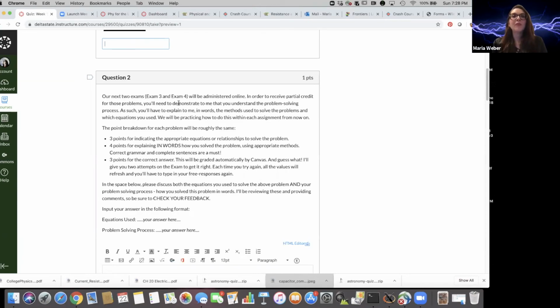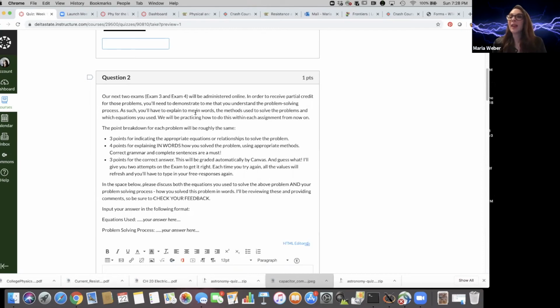In order to receive partial credit for these problems, you need to demonstrate to me that you understand the problem-solving process, because I'm not going to be able to see your work written down on a piece of paper anymore. But I still want to give you partial credit. So, as such, you'll need to explain to me in words the methods used to solve the problems and which equations you used, okay?